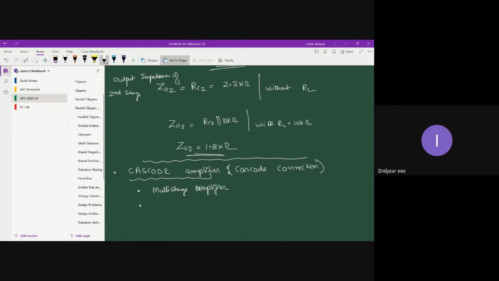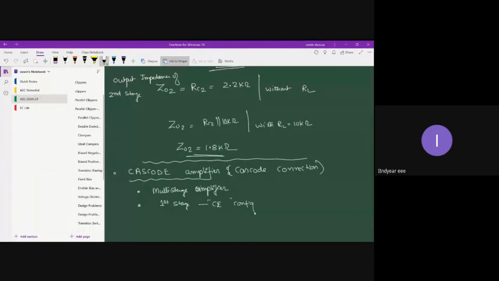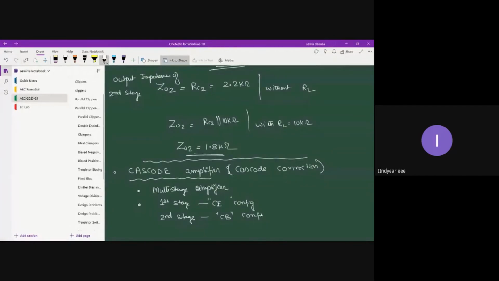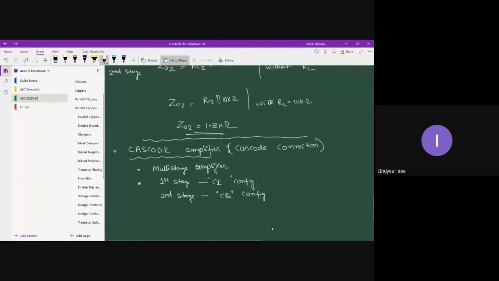The main feature of the cascode amplifier is that in the first stage, you will have a common emitter configuration, and in the second stage, you will have a common base configuration. Okay, it's a multi-stage amplifier.